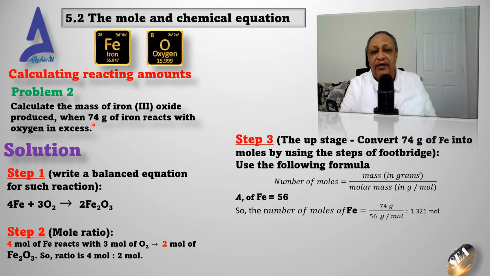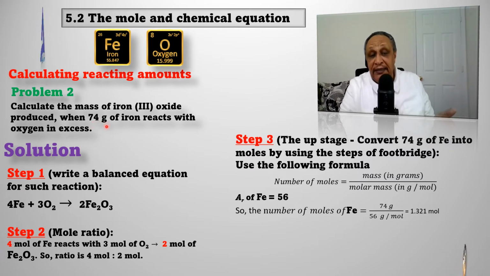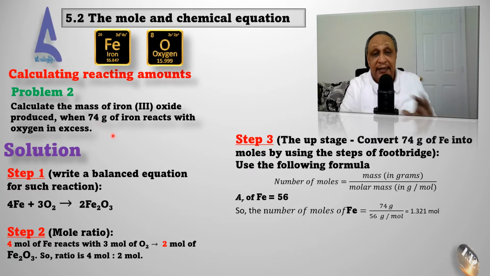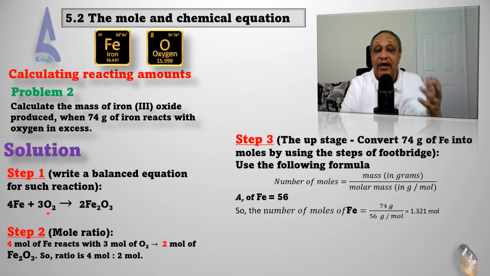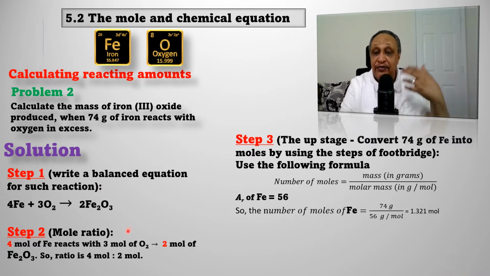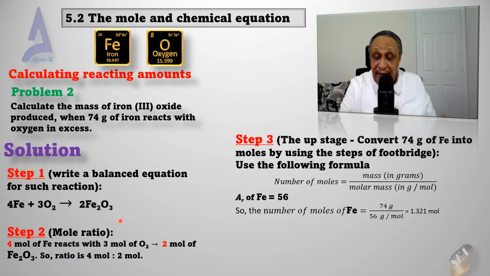And then you are going to use the information, which is 74 grams. That's the only information that we have, and we have to go through this. So we are going to build our house brick by brick.